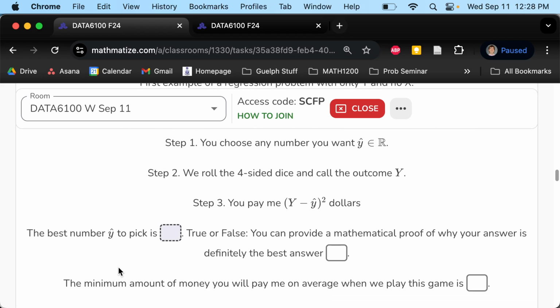If you find this easy, you can answer this question: the minimum amount of money you will pay me on average. So when you pick the best thing, how much will you pay me? This is a real math problem. If you had a good course in probability, maybe you remember this. If you didn't, then you're going to struggle for a few minutes until I tell you the answer. So let me give you guys like 5 minutes. Feel free to talk to your neighbors. Try to figure out the best number y hat and why it's the best number.